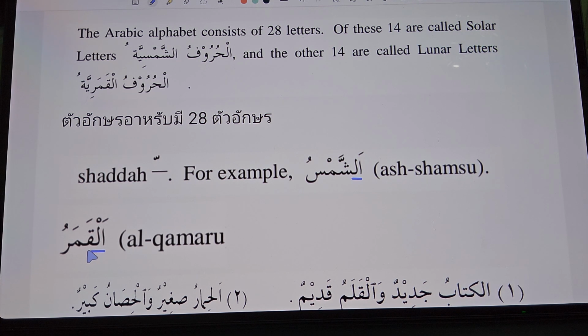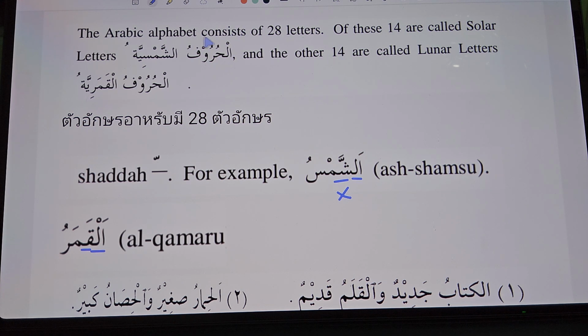With some letters, for example this qaf, we read al-qamaru. But with some letters like sheen, we should put shadda here. You see the W sign? The W sign is called shadda. Now we don't read al-shamsu; it's wrong. So that's why it is called huruf. There are some such letters in Arabic.